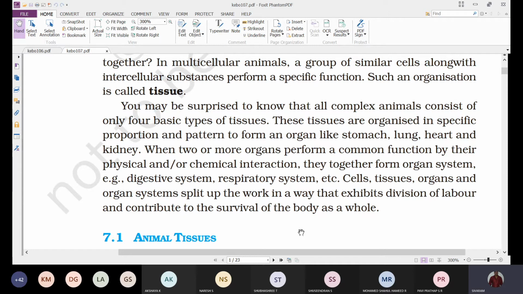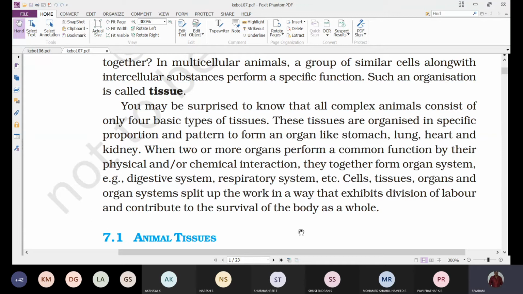Even if you take the circulatory system, it consists of a heart, arteries, veins, and capillaries, that is large arteries, small arteries, and capillaries, and then small veins and large veins.